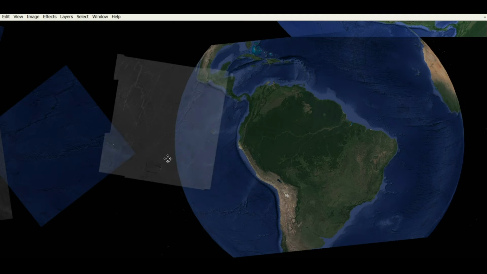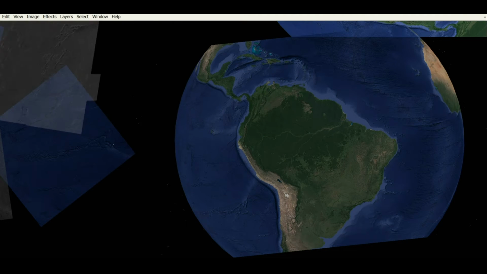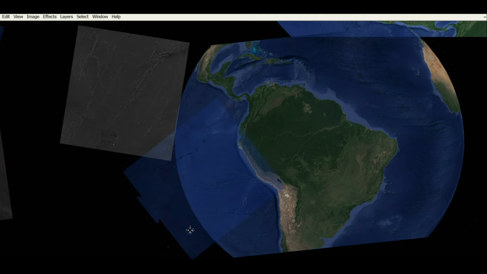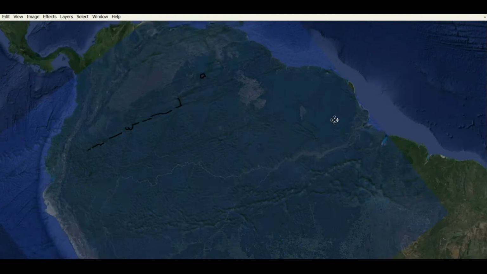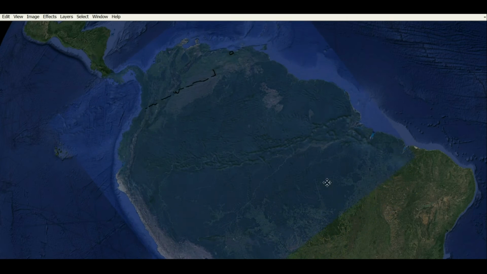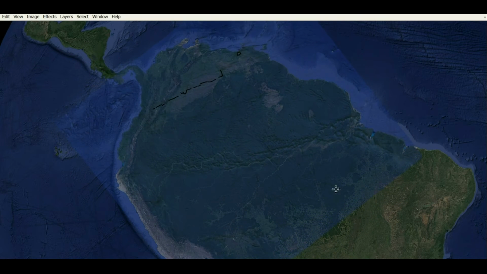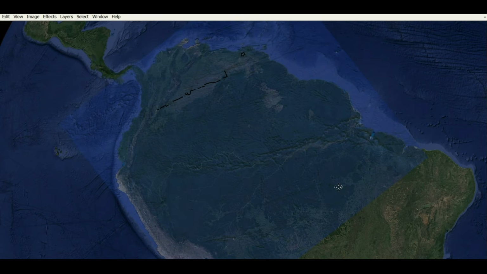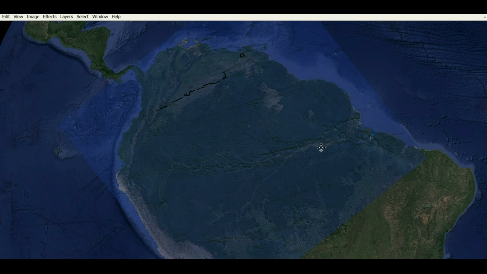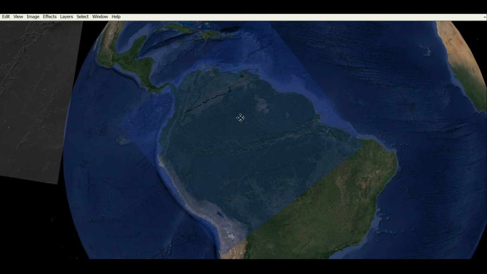And this same image right here is related to the Amazon discharge pattern, which then means the Amazon discharge pattern should fit here and everywhere else, and it does.